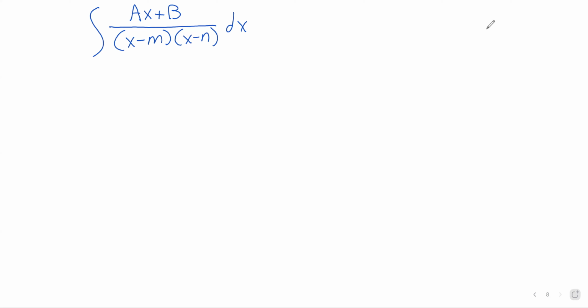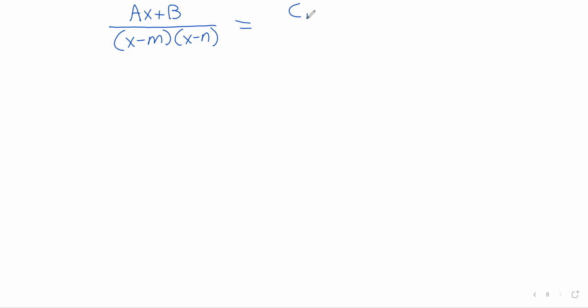I mean, actually, sorry for the kind of chaos. Let me actually make this a statement about fractions. I mean, it's being used as an integration tool. That's the point of it, but it's just a general statement about rational functions.